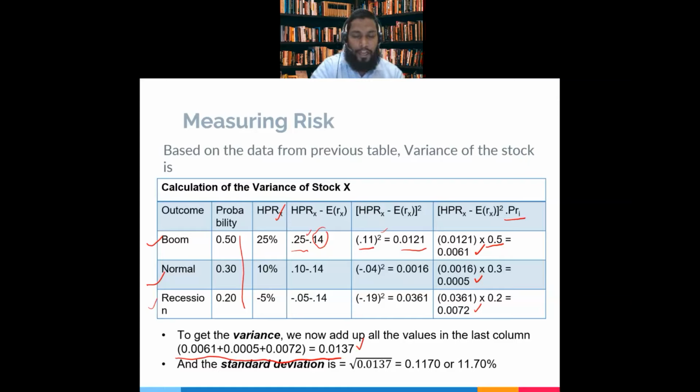Once we get the variance, we just use the square root of this, so we get the standard deviation, which is 11.70%. So you get this answer 0.11, but if you multiply by 100, you will get the percentage. So this 11.70 is the risk.